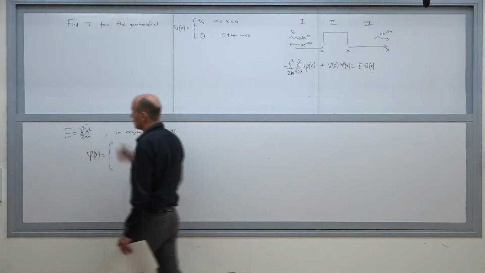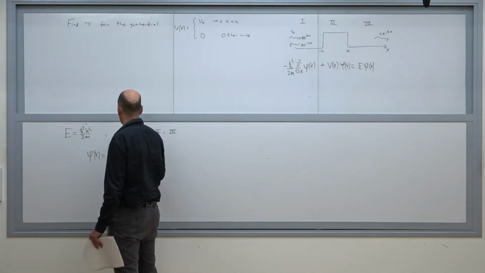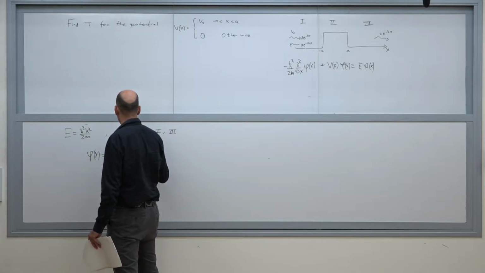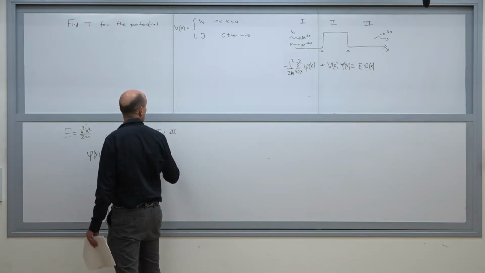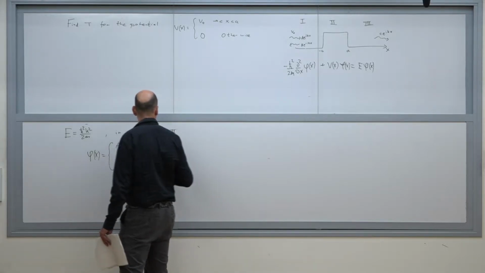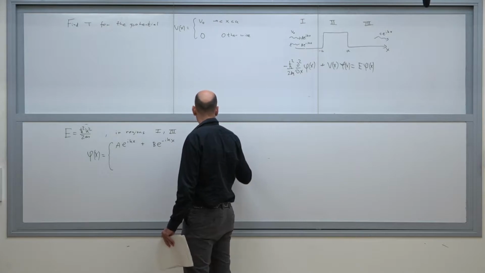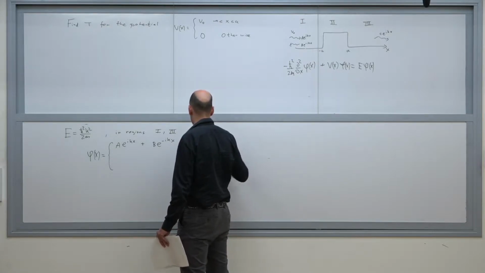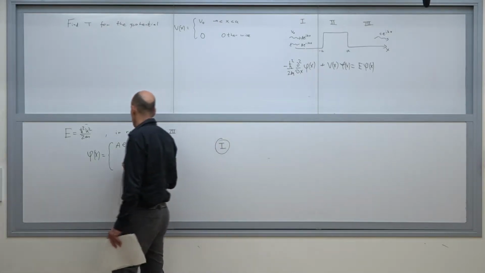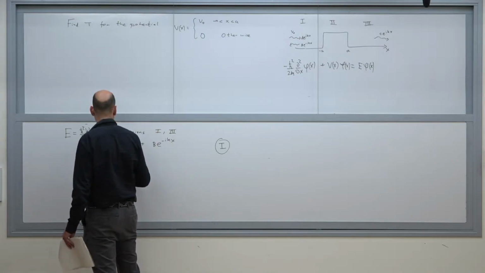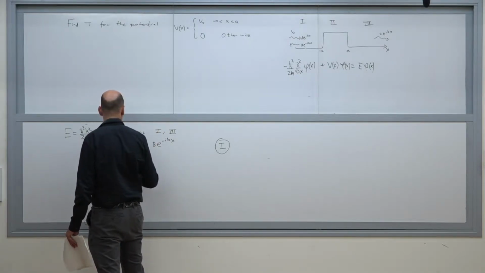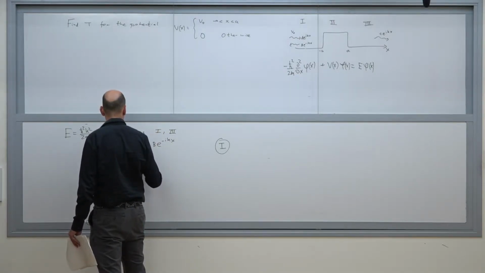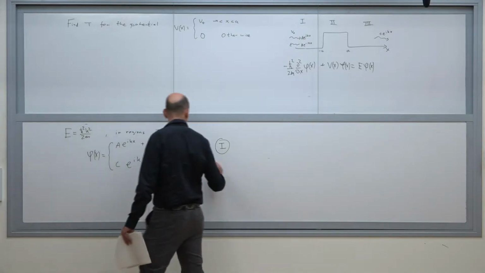These are the waves. In region 1, I have A e^{ikx} plus B e^{-ikx}. And in region 3, I have C e^{ikx}.